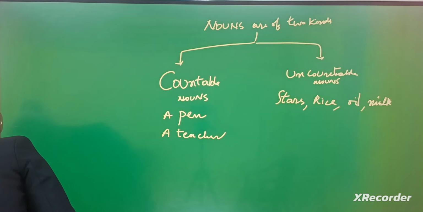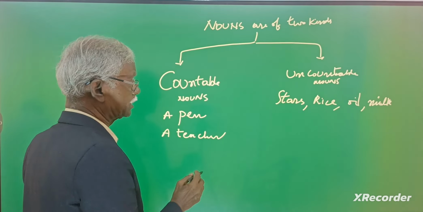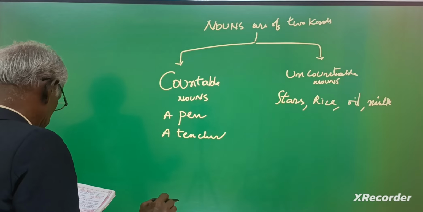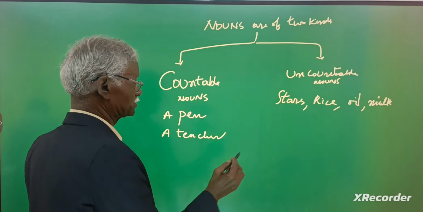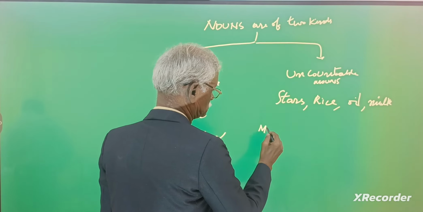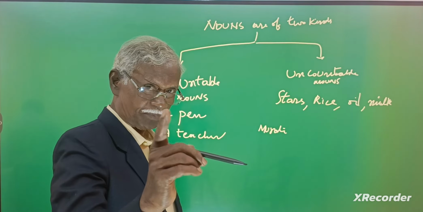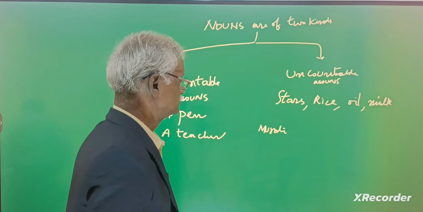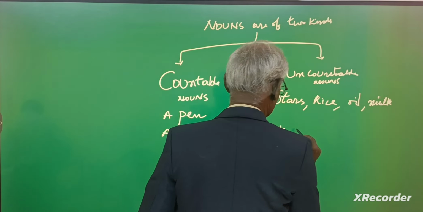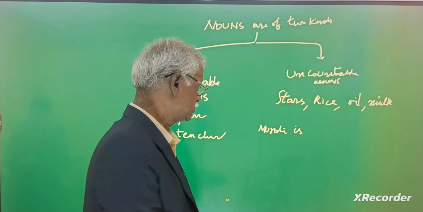Now noun complements. For example, Morally is the name of a particular person. Who is Morally? This is a noun.